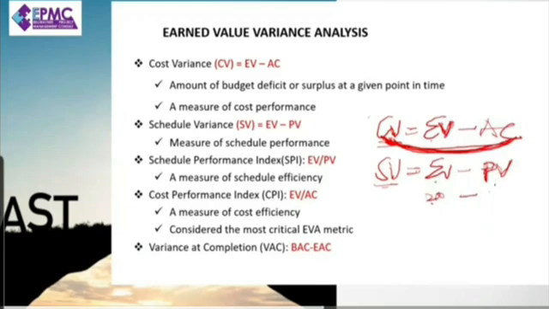PV, what we're supposed to do, is around 250. What does that mean? You are not doing more of the things you are supposed to do. So some of the jobs you are supposed to perform at that measurement date have not been done. That's how come your end value is lower than the planned value.